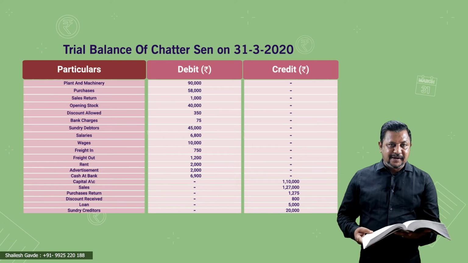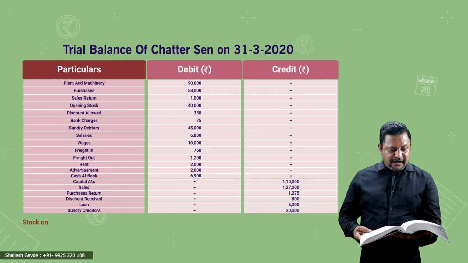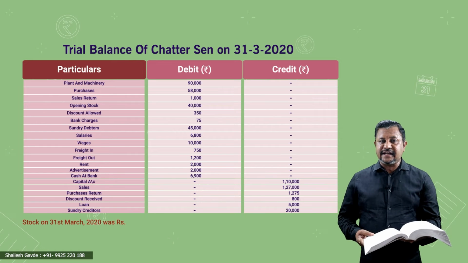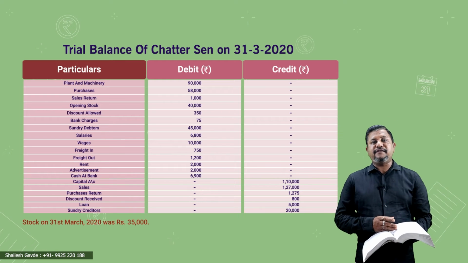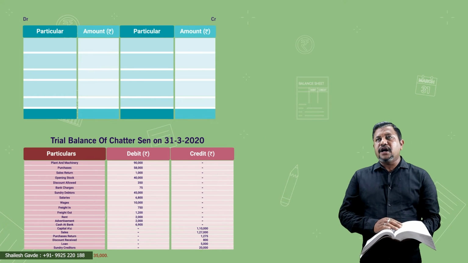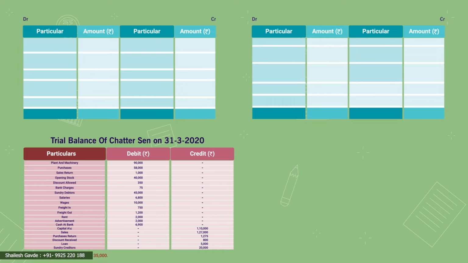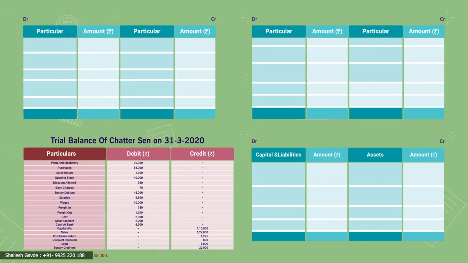As an adjustment they have given, stock on 31st March 20 was 35,000.